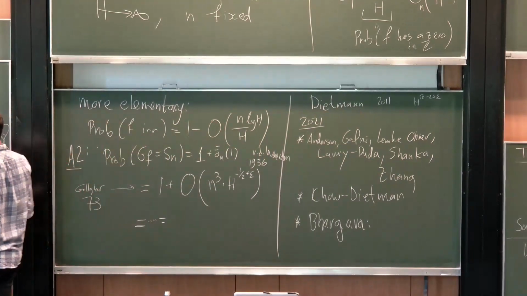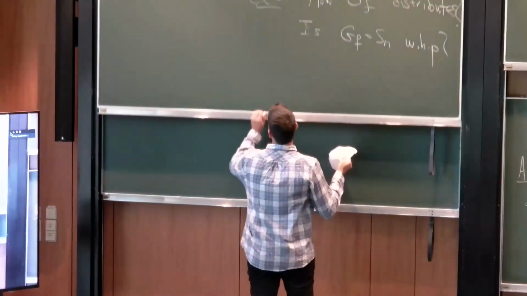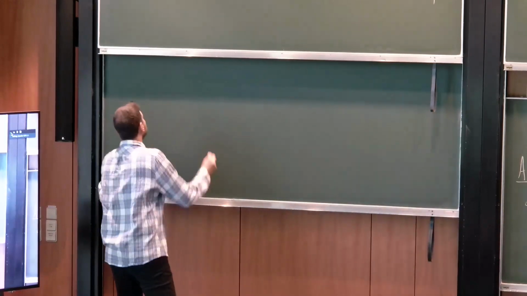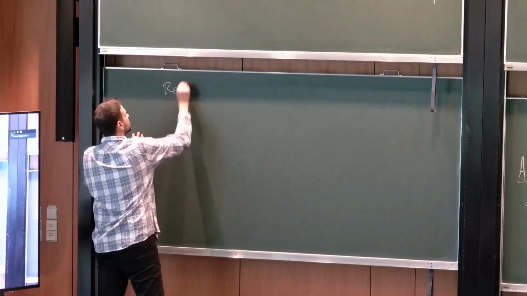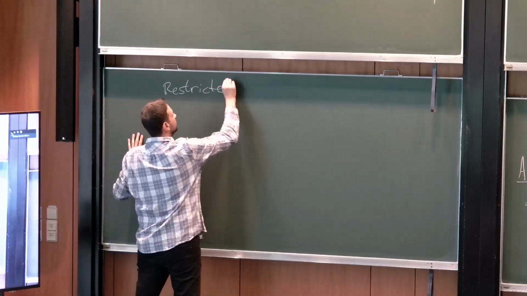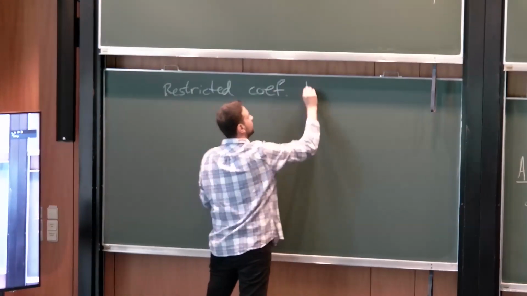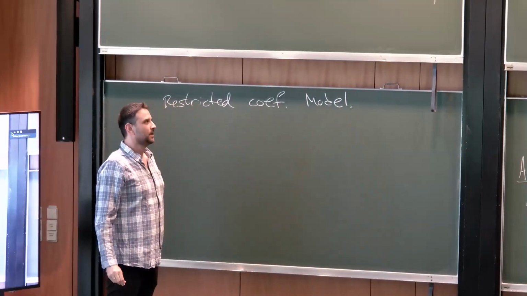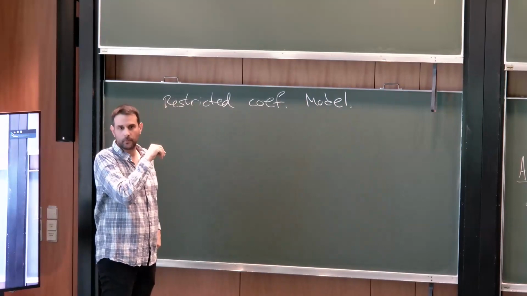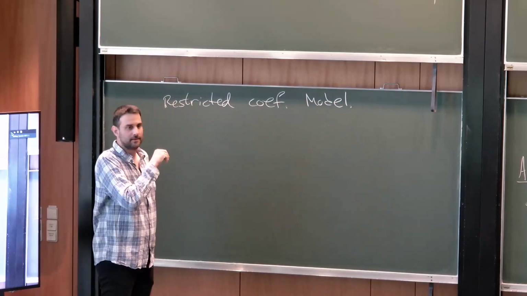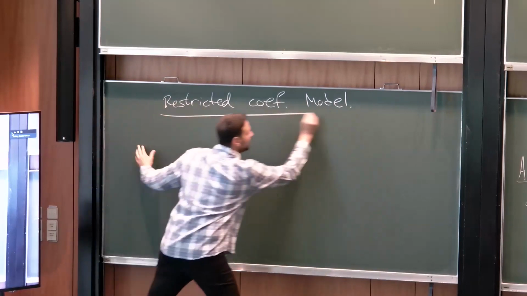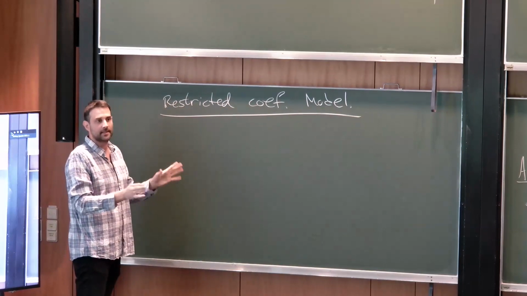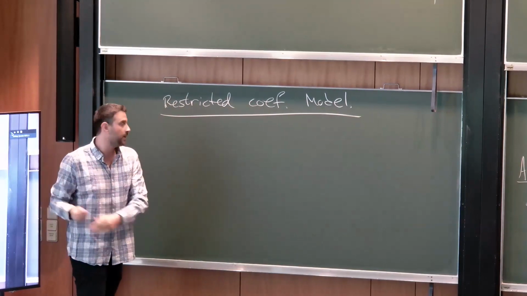So let me go to a different model. Let me go to the restricted coefficient model. To be a bit quick, let me not give you the full picture, just one case that I find the most interesting and I show you a picture of.